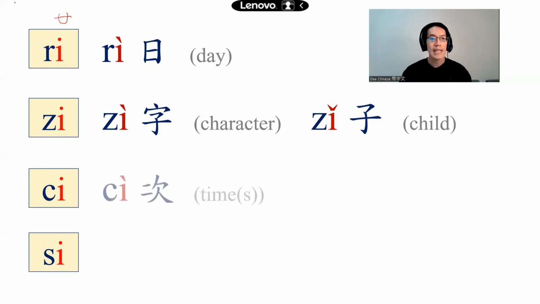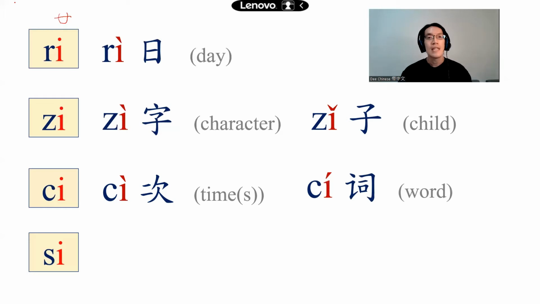And the next one is 次. The 次 here means the time, like the first time, the second time. And the next one is 词. 词 means word. And let's move on to the next one.